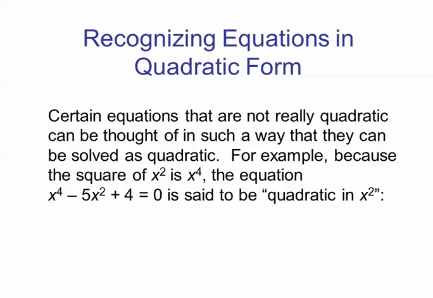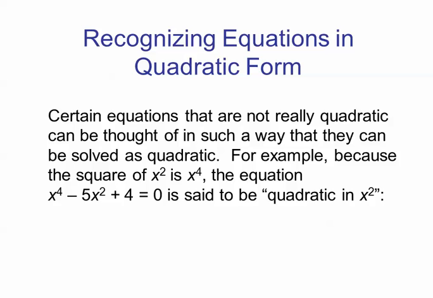The example they give here is that the square of x squared is x to the fourth. So x to the fourth minus 5x squared plus 4 is a quadratic equation if your variable is x squared.